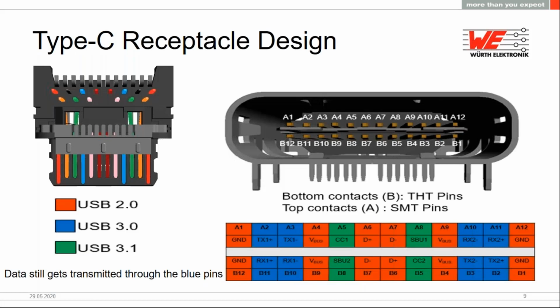In this overview, we can see which color is linked with standards of connector. For example, the red one here represents USB 2.0, whereas with USB 3.0, we have the blue transmission and receiving pins. And with USB 3.1, we have additional configuration channels, CC1 and CC2, and also SBU1 and SBU2.